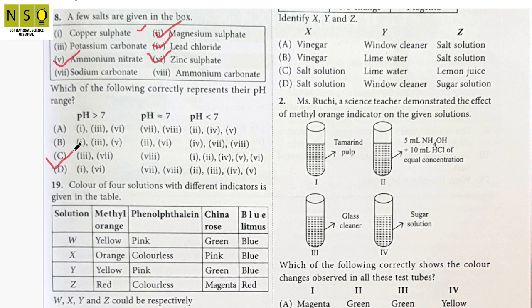And the salts of a strong base and weak acid have pH greater than 7. That will be potassium carbonate and ammonium carbonate.